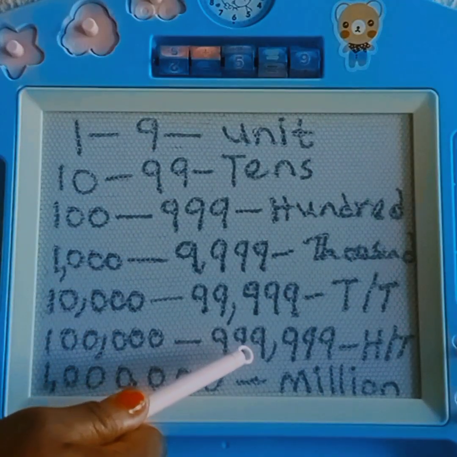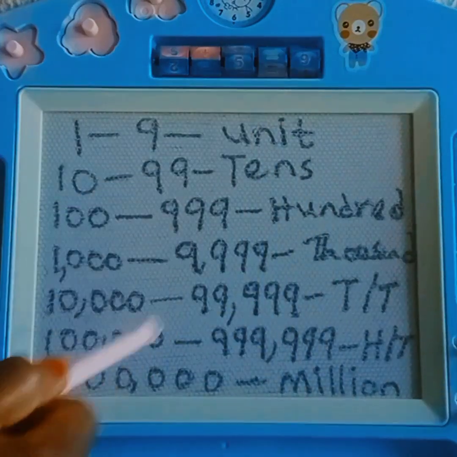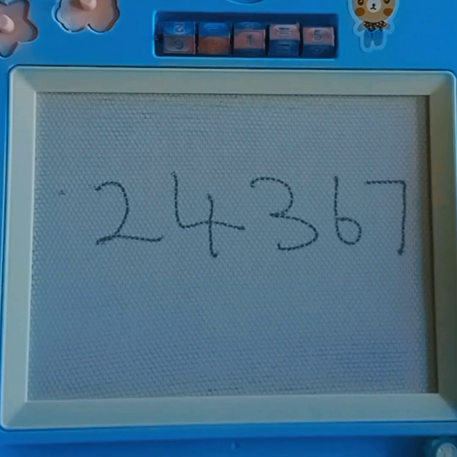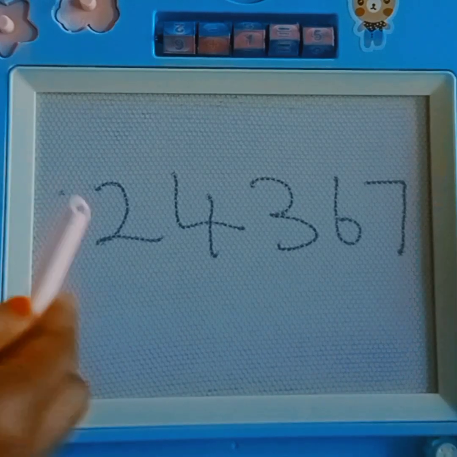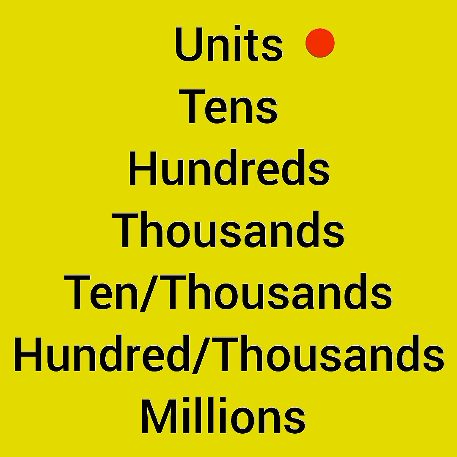When you have 6 digits, you have hundreds of thousands, and when you have 7 digits, you have a million. So if you're given a set of numbers like this one you see on the board, they are placed under units, tens, hundreds, thousands, 10,000, 100,000, and million.